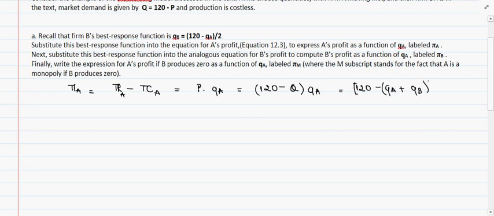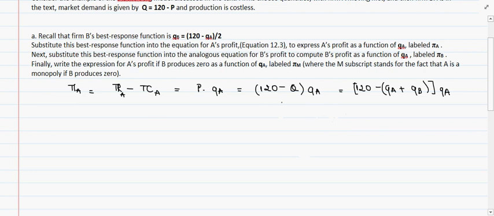That is going to give you 120 QA minus QA squared, and then minus QA times QB. How about I substitute QB into here first.